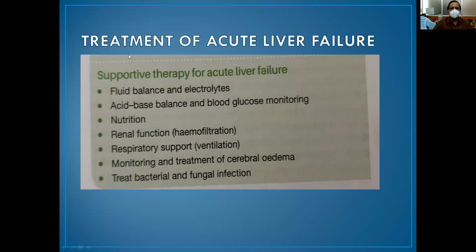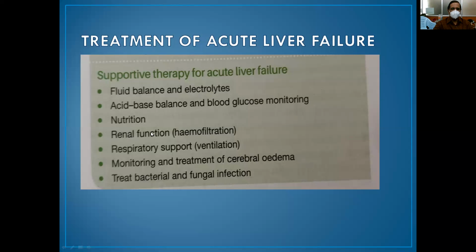And what is the treatment of acute liver failure? That is mostly dealt with in medicine, but I want to tell some of the important points as supportive therapy for acute liver failure. That is fluid balance, electrolyte balance, acid-base balance. Another most important thing is that because the liver contains about 750 grams of glycogen, blood glucose monitoring is very, very important, and nutrition has to be maintained.